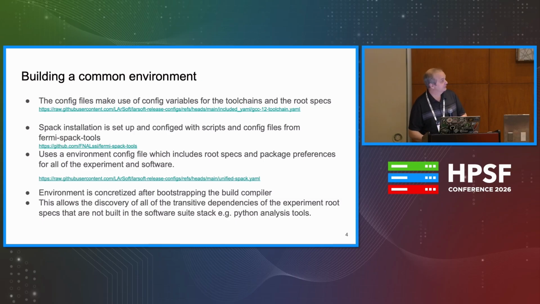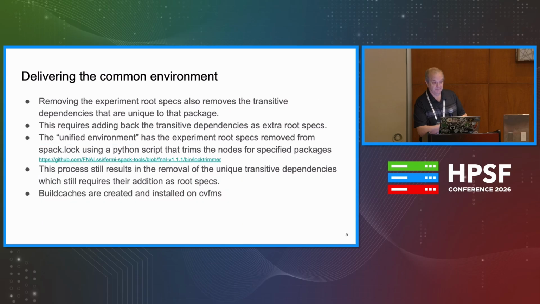for concretizing. And we do this after, of course, bootstrapping a compiler, which we've already built, and we install that with a lock file on the Jenkins build node. And we found that we need to do this to discover all the transitive dependencies of the experiment root specs that were not built in our software suites, especially Python analysis tools.